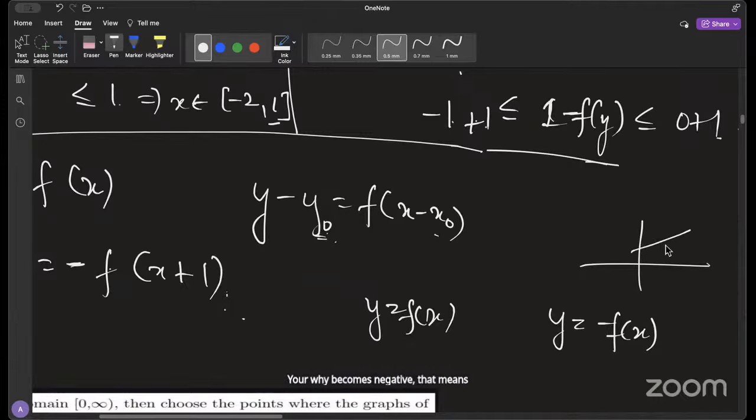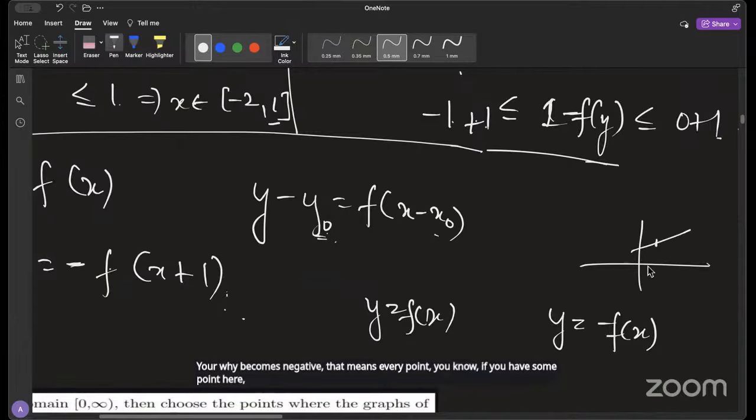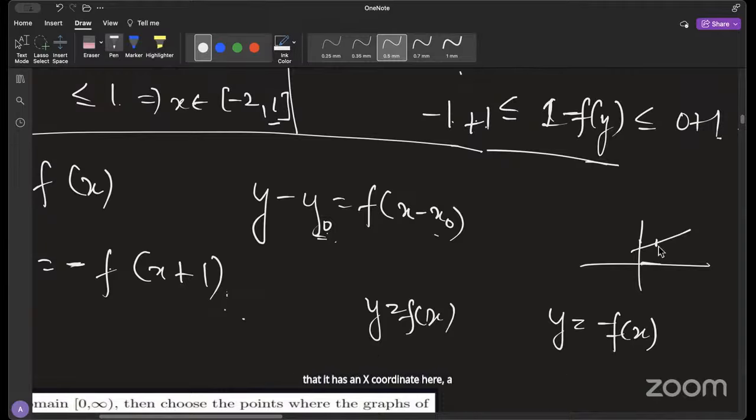If you have some point here, it has an x coordinate here and a y coordinate here, so the y coordinate becomes negative. This is the positive side, this is the negative side, and the x coordinate remains the same. So this point gets shifted here. Similarly, this entire graph looks like this. If this is the f(x) graph, this is the minus f(x) graph, right?